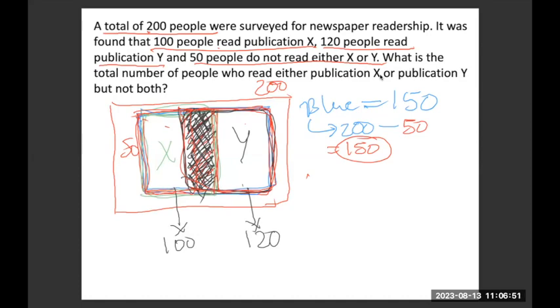I know the question says X and Y, but how do I find X? It was 150 minus the intersection part.